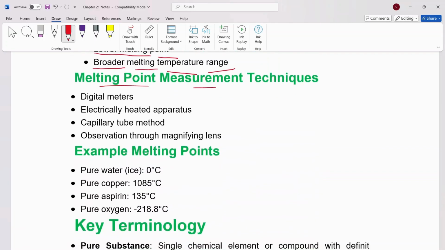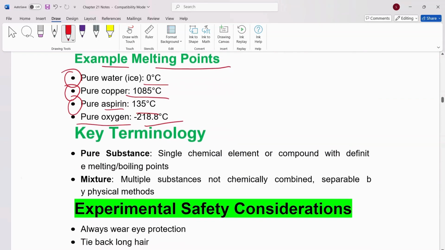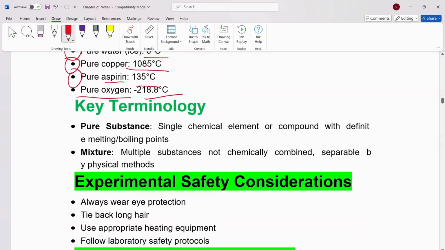Melting point measurement techniques: digital meters, electrically heated apparatus, capillary tube method, observation through a magnifying glass. Some examples of melting points are pure water 0 degrees centigrade, pure copper 1085 degrees centigrade, pure aspirin 135 degrees centigrade, and pure oxygen minus 218.8 degrees centigrade.